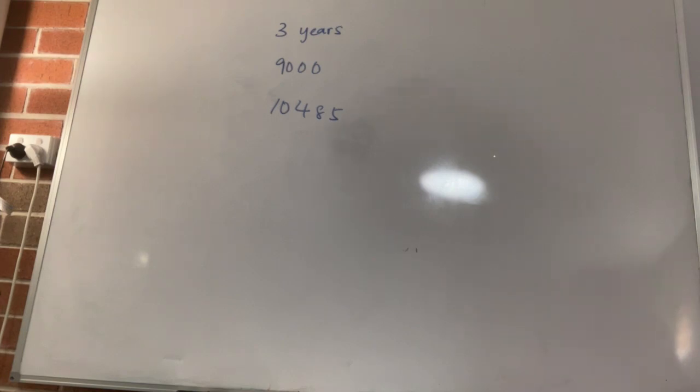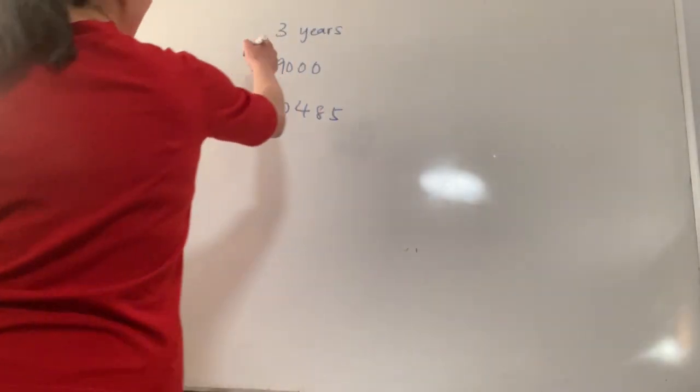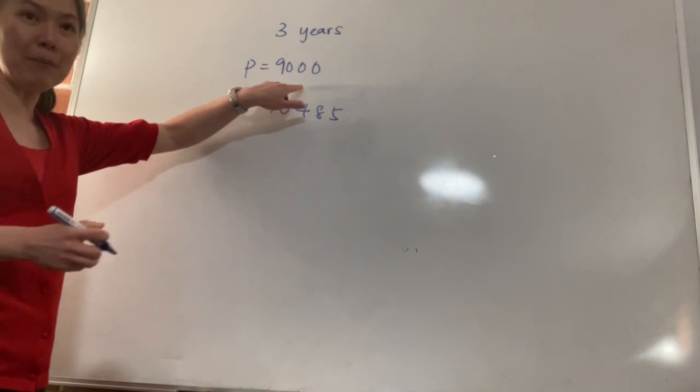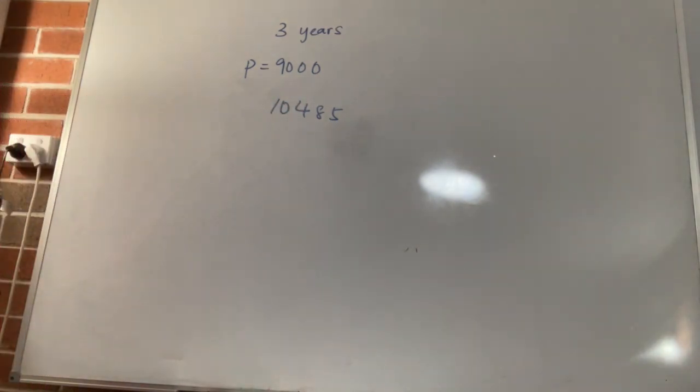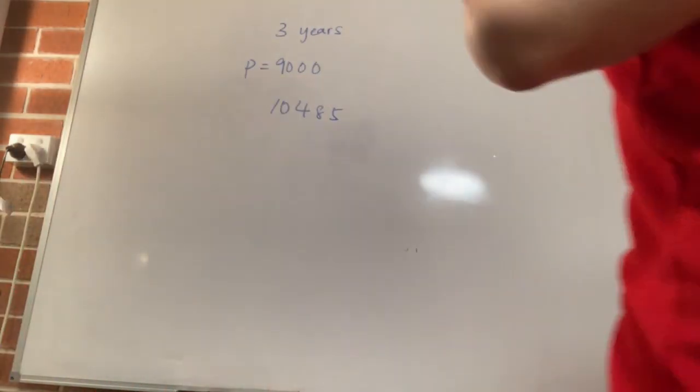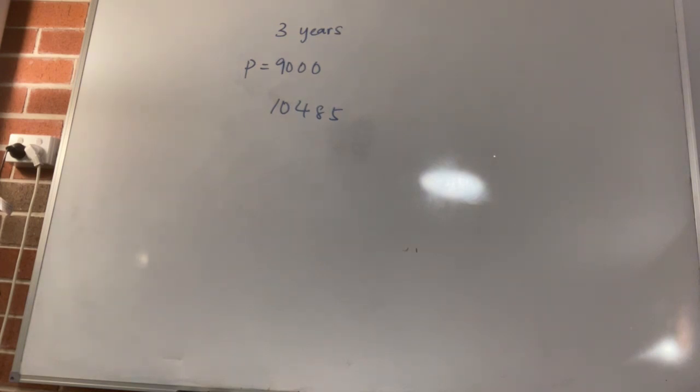This one. Yes, the loan is 9,000. So this one actually is your principal because this is your loan. Good. And you know the interest already, right? Yes. Okay, and what is the rate? Rate is something you want to find. And the year? Yes, you have that. Good. Then you're able to find it out.